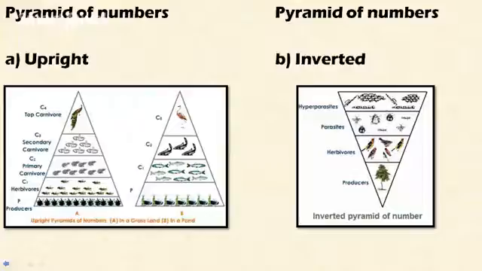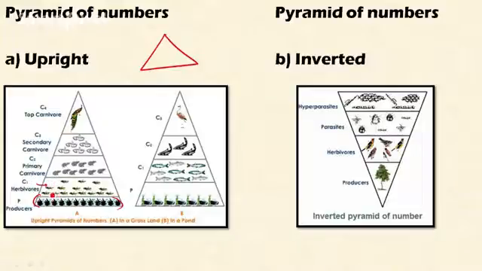This pyramid of numbers may be upright as well as inverted. If the primary producers are more in number when compared to the next trophic levels, then the pyramid of numbers will be upright. Here, in a grassland ecosystem, the number of grasses is more when compared to the primary consumers.